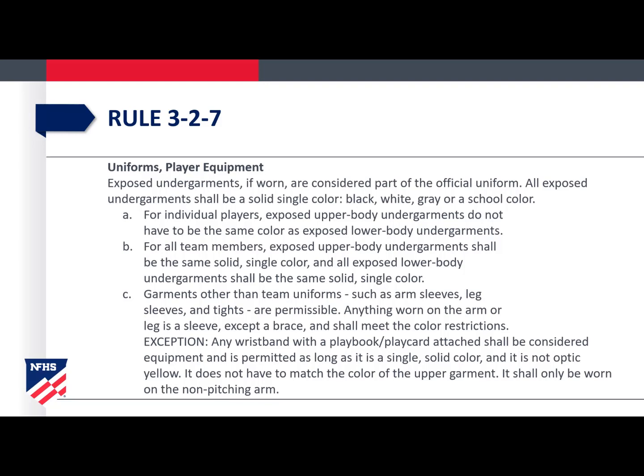For individual players, exposed upper body undergarments do not have to be the same color as the exposed lower body undergarments. For all team members, exposed upper body undergarments shall be the same solid single color, and all exposed lower body garments shall be the same solid single color.